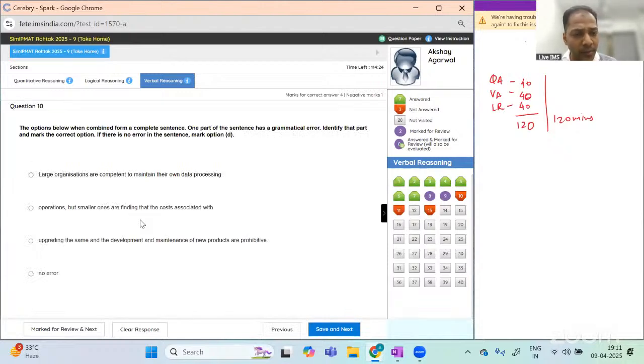Large organizations are competent to maintain their own data processing operations.